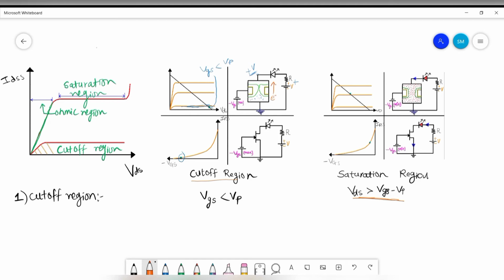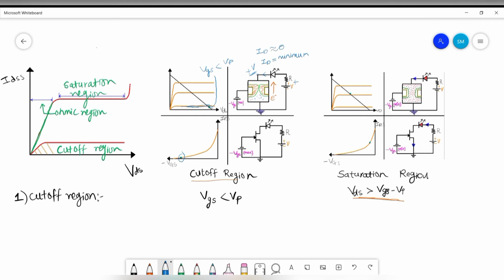But right now you can see the depletion region increases. Why? Because we have reverse biased this particular PN junction diode, and the depletion region has increased. Therefore the electrons won't pass from source to drain, and at the end the current ID would be minimum, or in other words, ID would be approximately equal to 0.